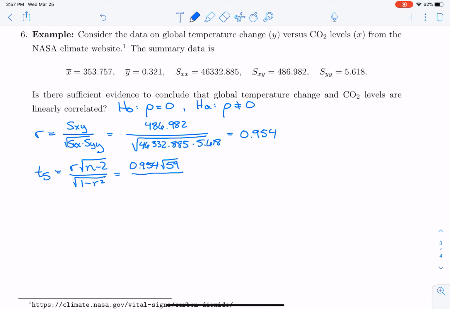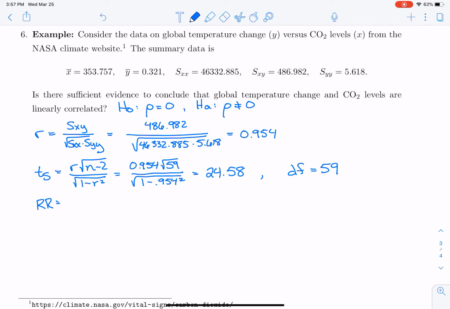We're going to divide that by the square root of 1 minus 0.954 squared. And that actually gives us a t statistic of 24.58 on 59 degrees of freedom. So that's a really large test statistic. I think it's going to be significant.